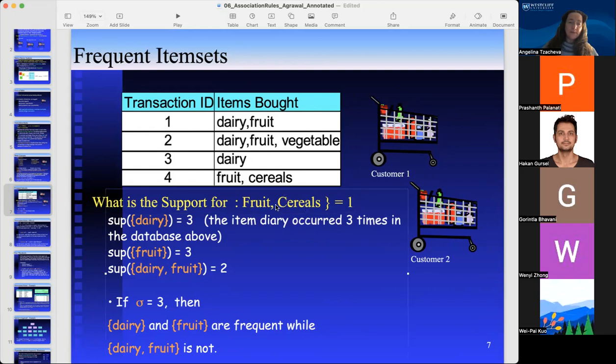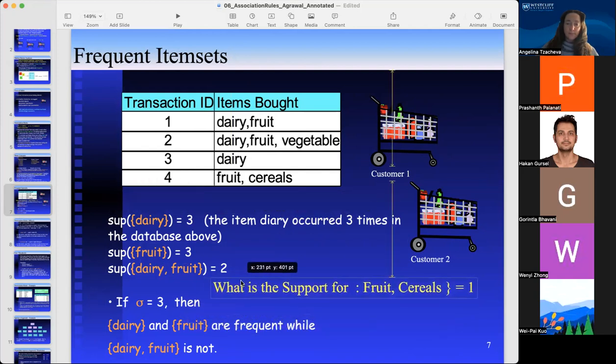So is this item set frequent? Well, we're saying that if it is bigger than the threshold 3, then it's considered frequent.